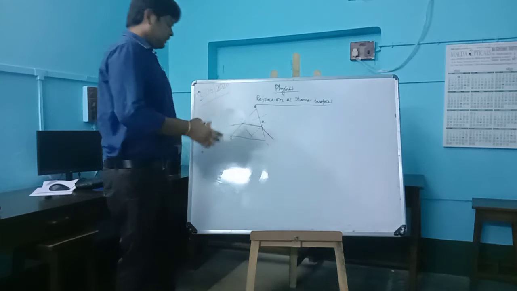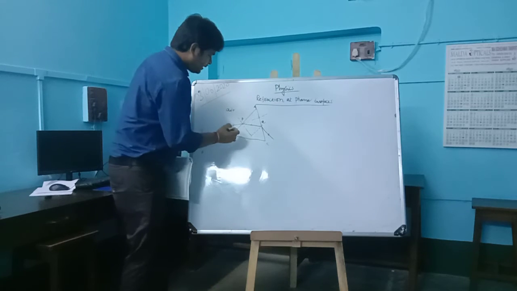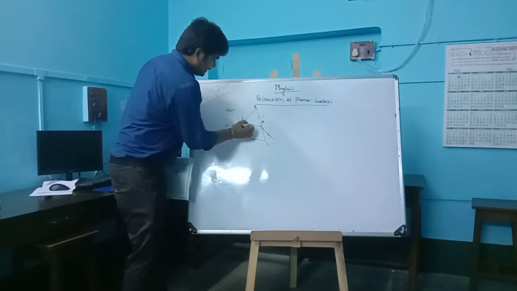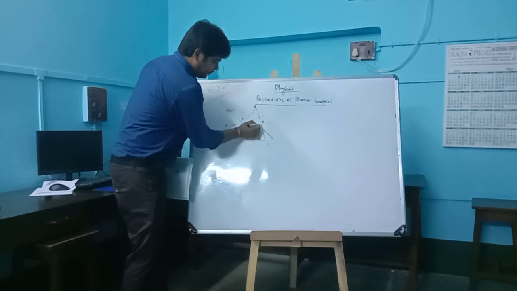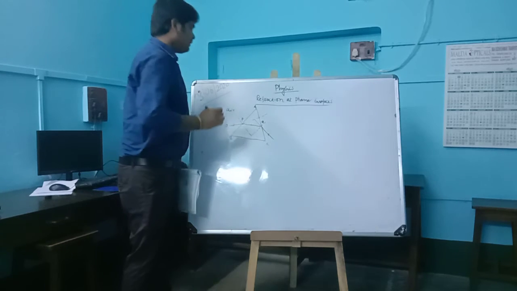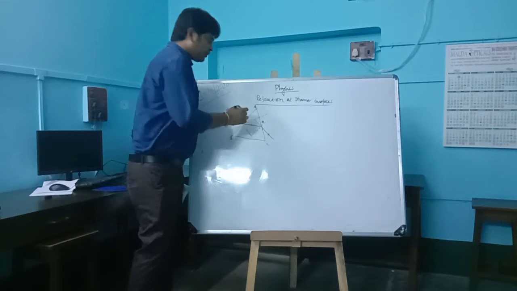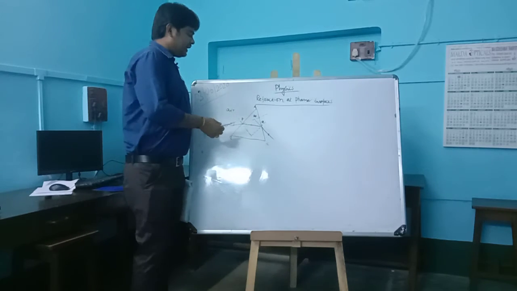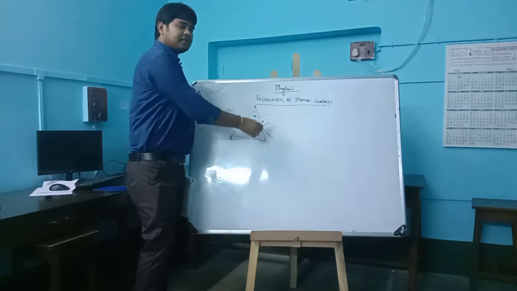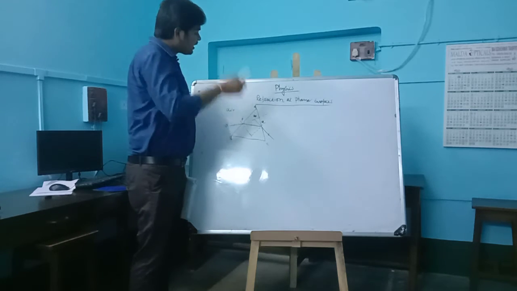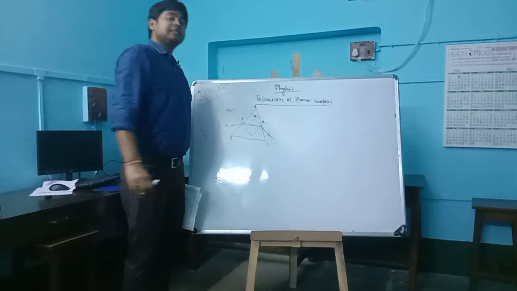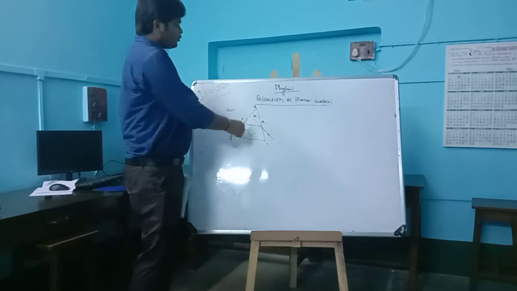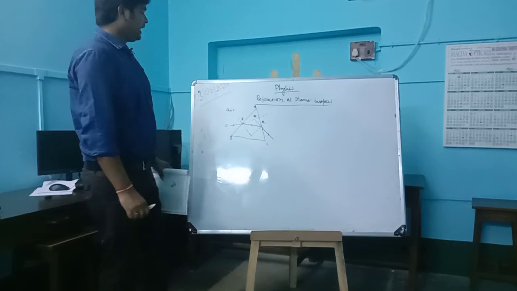Okay, look at here. At first I am extending this emergent ray and it strikes at point M, so that we can say that this emergent ray is coming out from point M. This appears to be coming out from the point M.